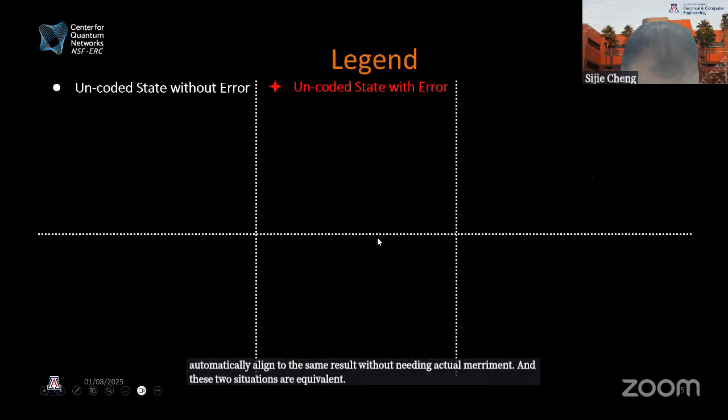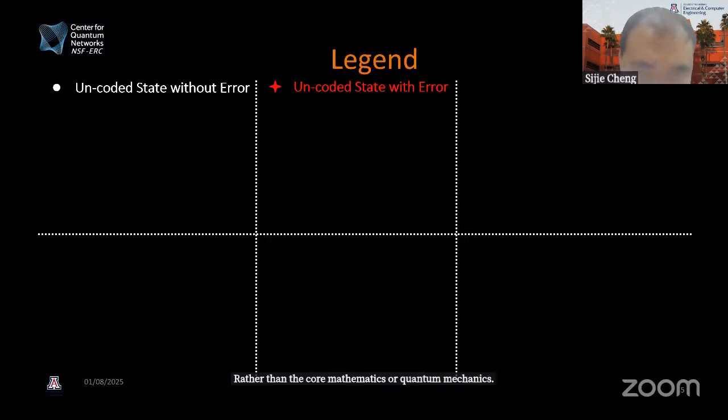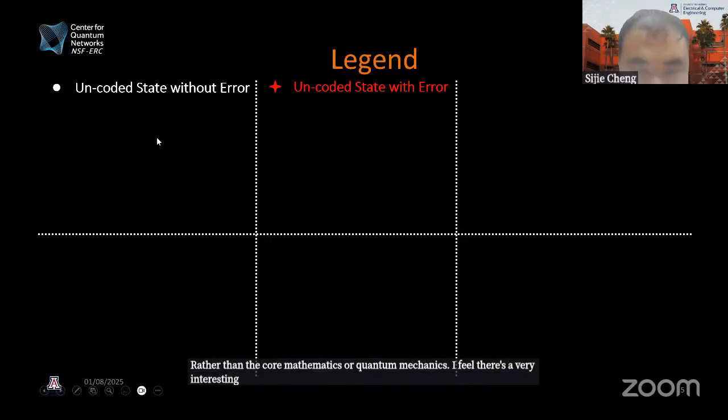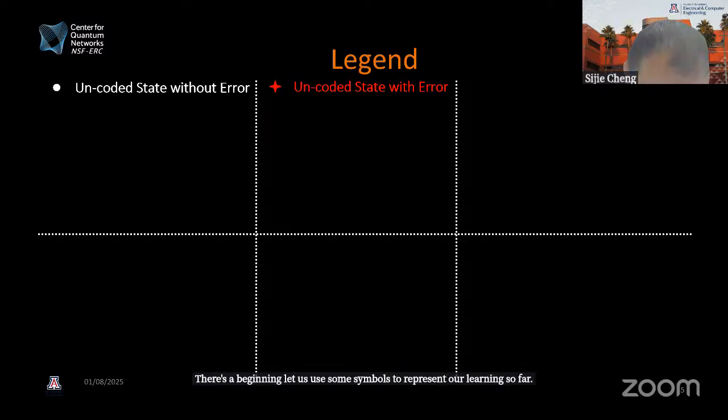In this part, since we are focusing on application rather than the core mathematics or quantum mechanics, I feel there's a very interesting way to introduce it. At the beginning, let us use some symbols to represent our learning so far, as they can be extremely helpful in grasping the key ideas of error correction in quantum networks.